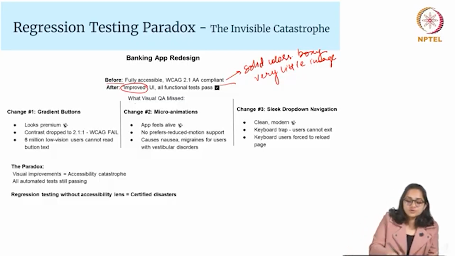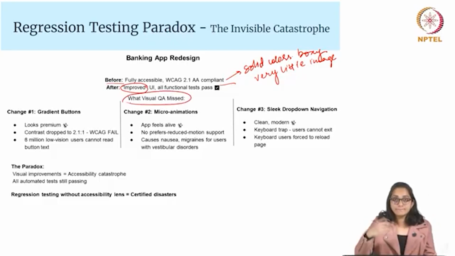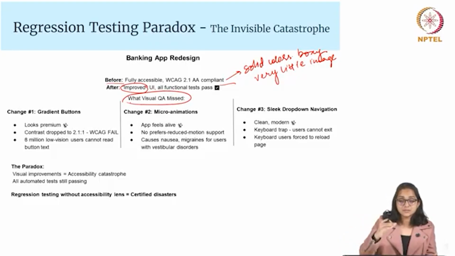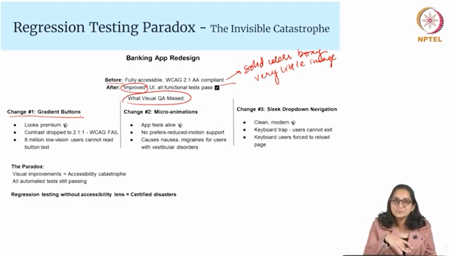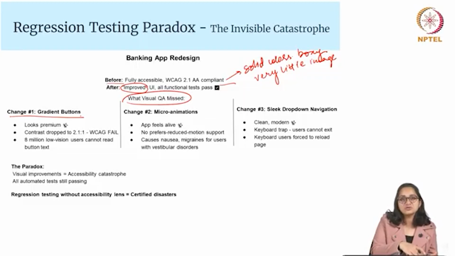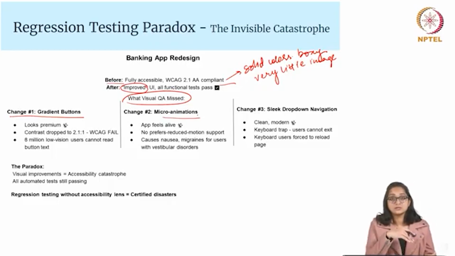So what the visual QA improvement might have missed are a few of these changes. One is that they might have included gradient colors on buttons. It looks premium, looks very nice, but contrast drops because of the gradient. And if the contrast drops, millions of users who have low vision cannot read the button text. Similarly, micro animations are added.